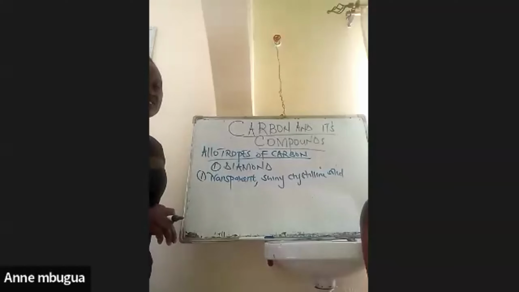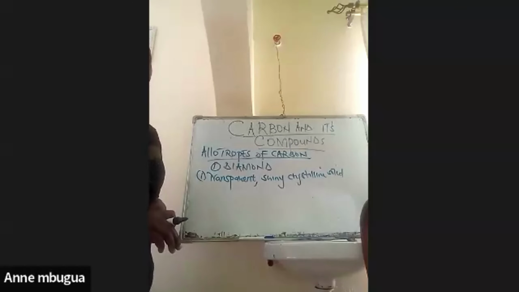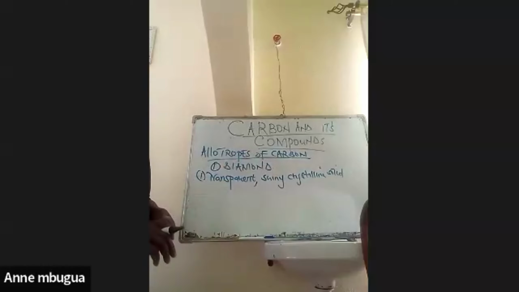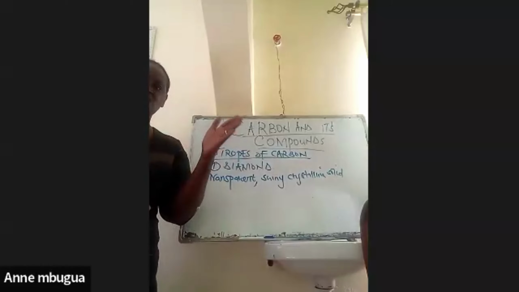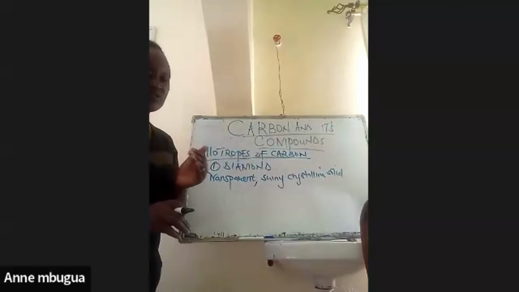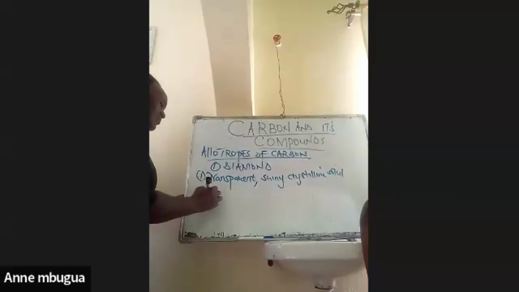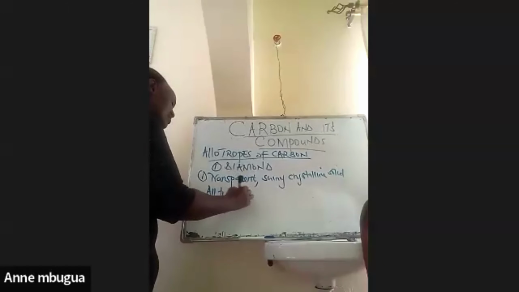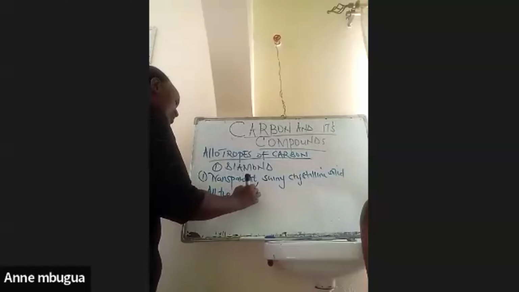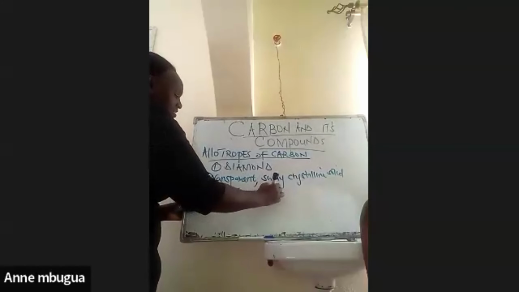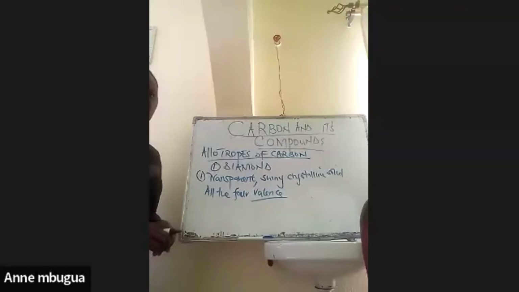How is the structure of diamond? We've seen from its electron configuration that it has 4 valency electrons. In the structure of diamond, all the 4 electrons in the outermost energy level, the 4 valence electrons, are used to form the covalent bonds.